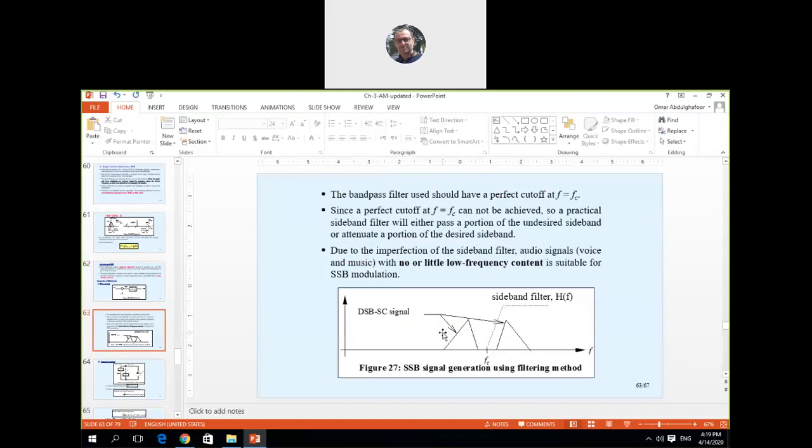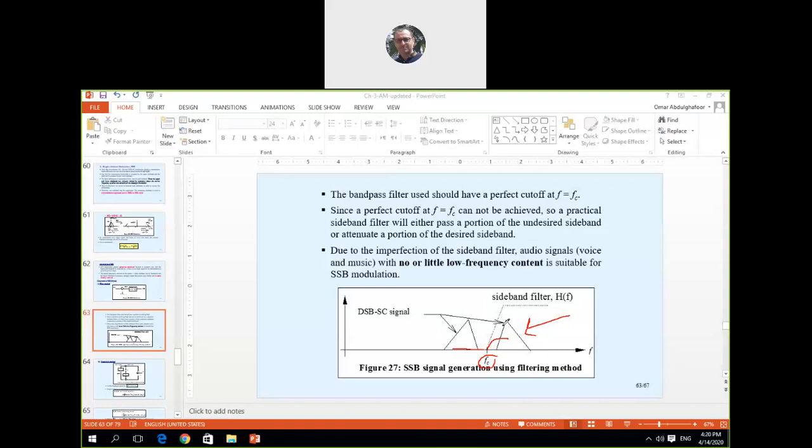In order to obtain, let's say, the upper sideband, the filter should pass all components above F sub C and attenuate or remove all components below F sub C. Such an operation requires a really ideal filter, which is unrealizable.